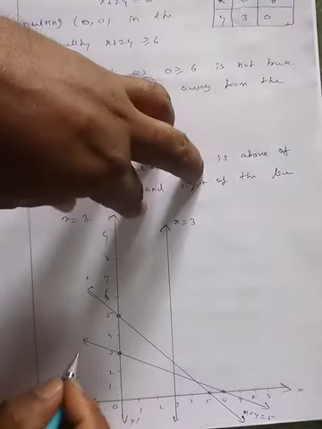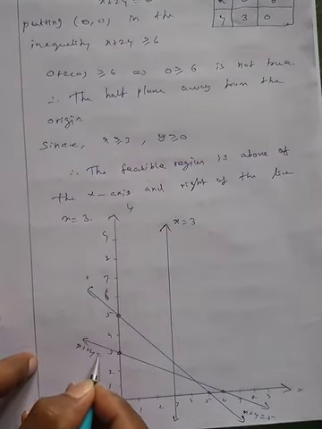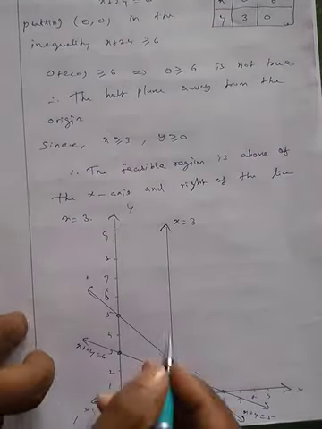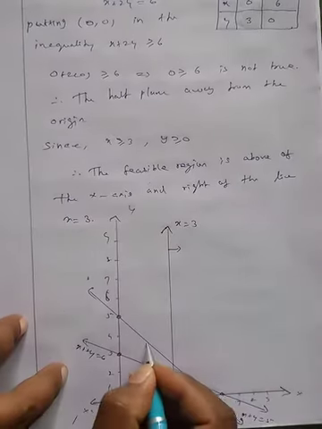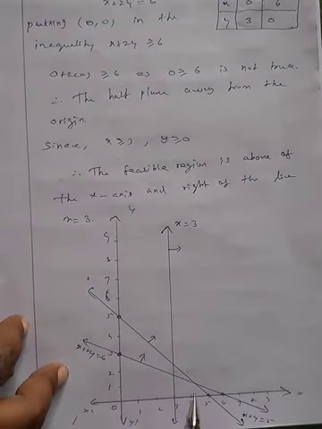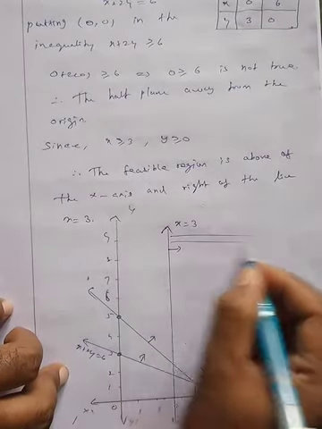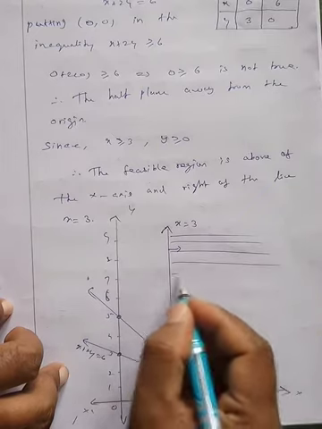This is the line x plus 2y equal to 6. So the common region here is the visible feasible region.